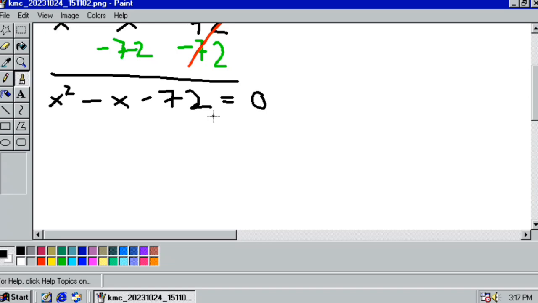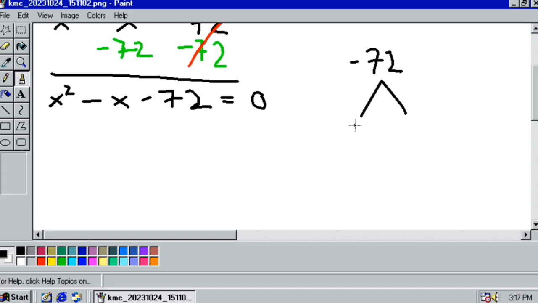So let's find the factors of negative 72 that have a sum of negative 1. So what are the factors of 72?